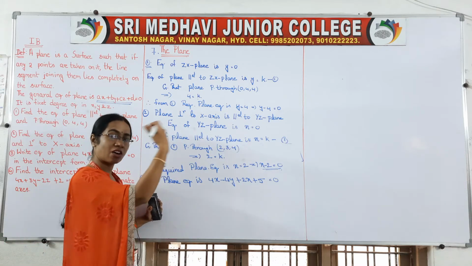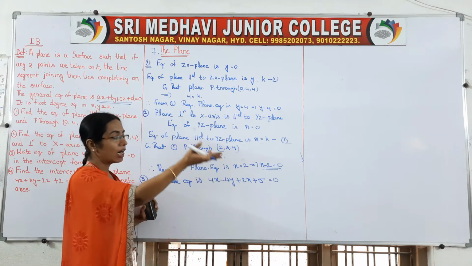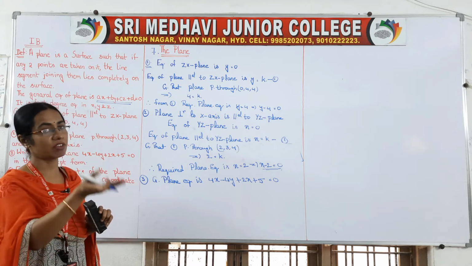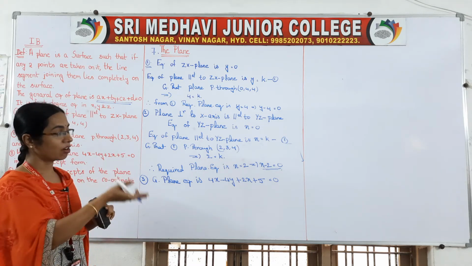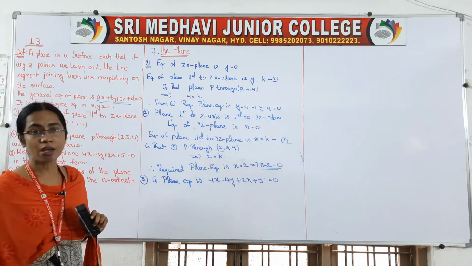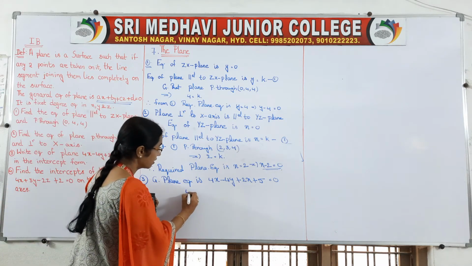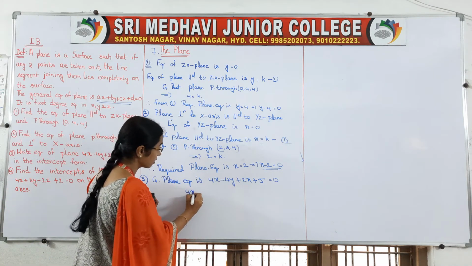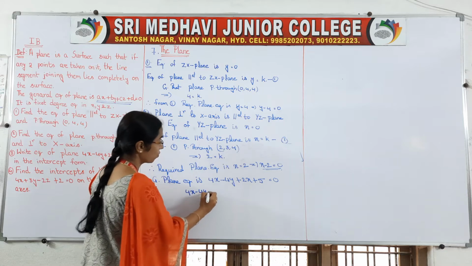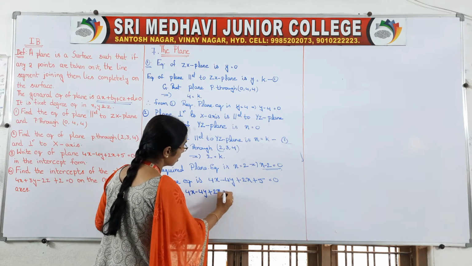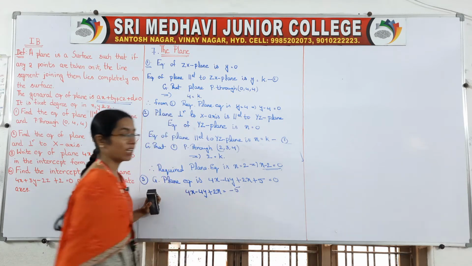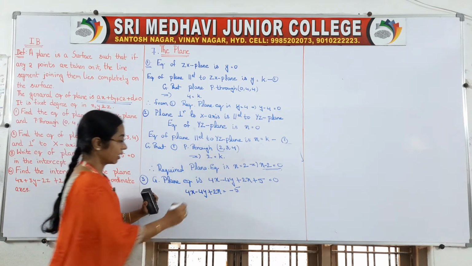First send the constant to the other side, and then dividing the entire equation, both sides, by that constant, the right side will give you 1. So we send that constant to the other side: 4x minus 4y plus 2z is equal to minus 5.